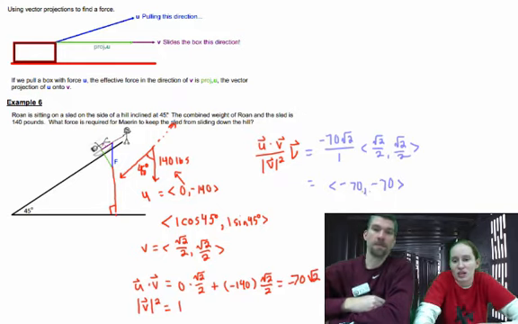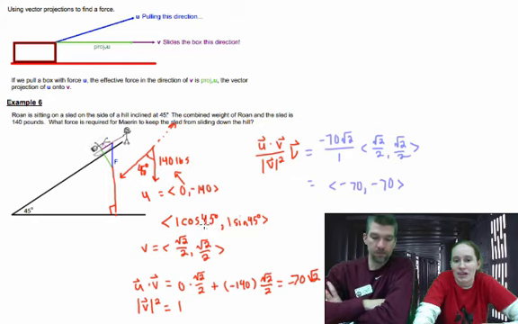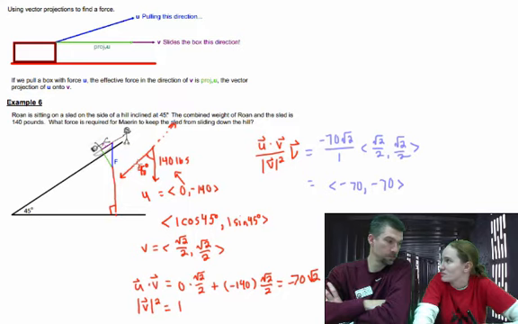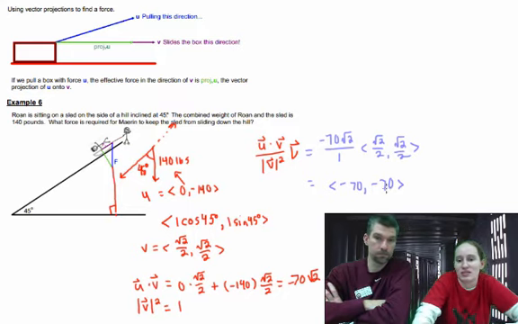But what's important here, and I kind of disagree, I feel like this angle really should have been a different angle. Like, we're doing a trig thing, so we probably should have made it like 225. Okay, but the reason it doesn't matter is because we just want the magnitude, so the signs don't matter.